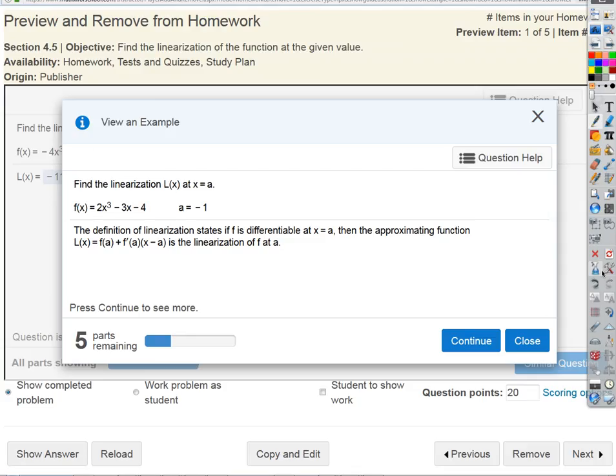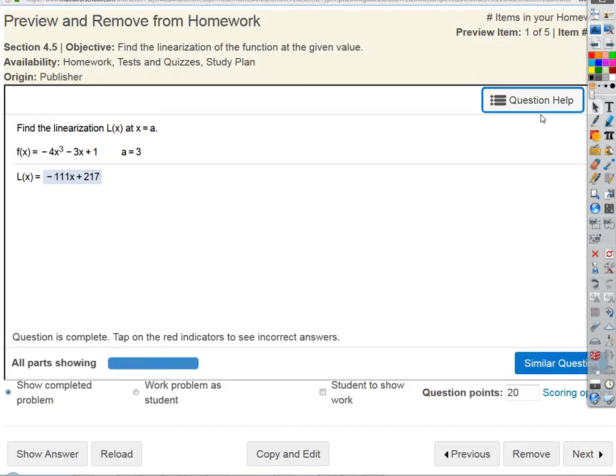Find the linearization. Well, it's just the line. It's just the tangent line to the curve at that value of x. Nothing more. We did those probably 3 months ago.